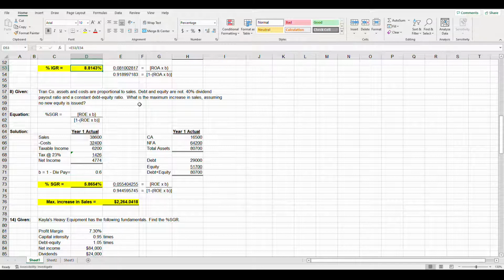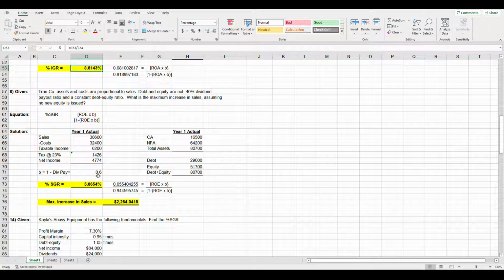That's the rate at which I can grow my company year over year, taking on only debt financing as a plug, no equity financing, too expensive, difficult to get, while maintaining my debt to equity ratio.